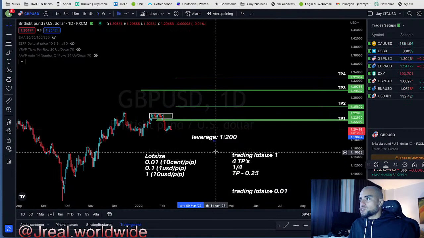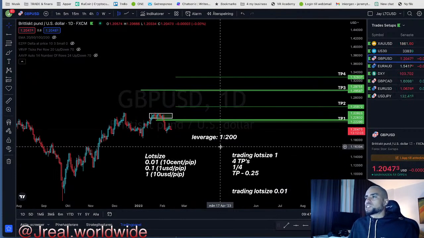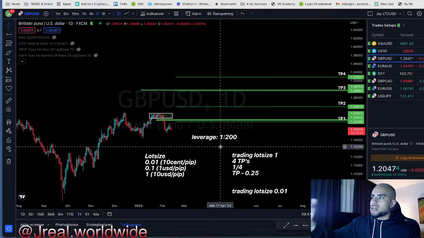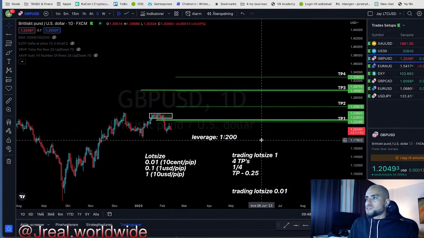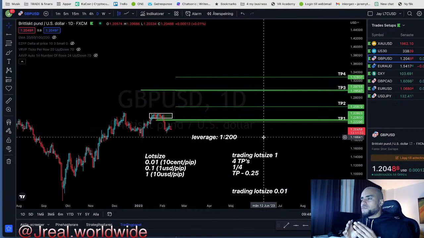If you're not an experienced trader, you don't want to use leverage more than 200. You want to start with a demo account, and when you start trading, if you have a live account of $100 or less, you don't want to use a lot size more than 0.01, which is 10 cents per pip.